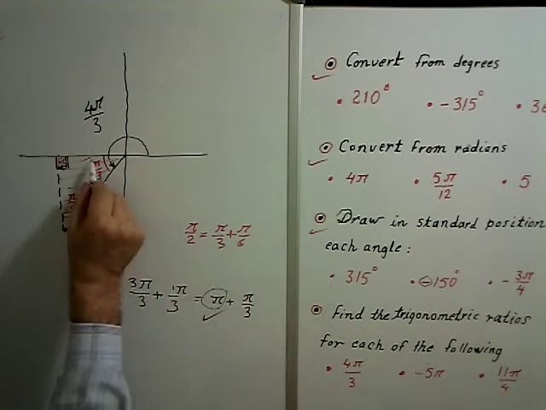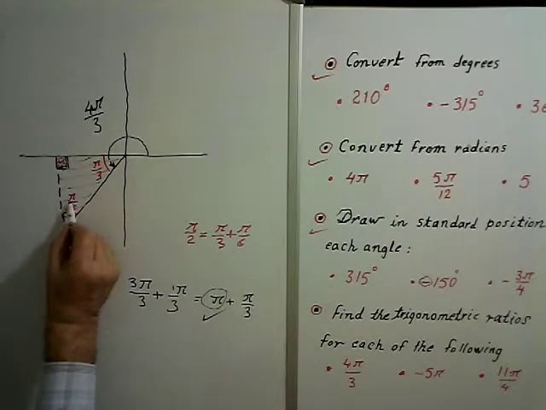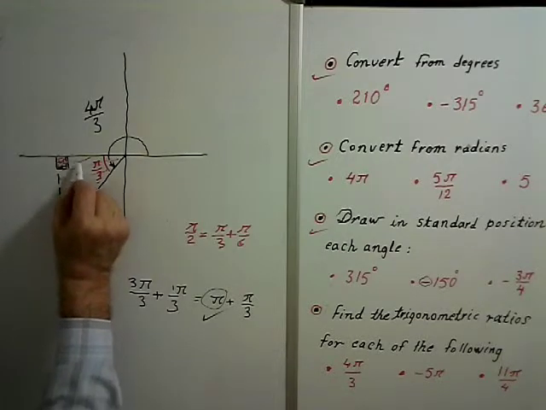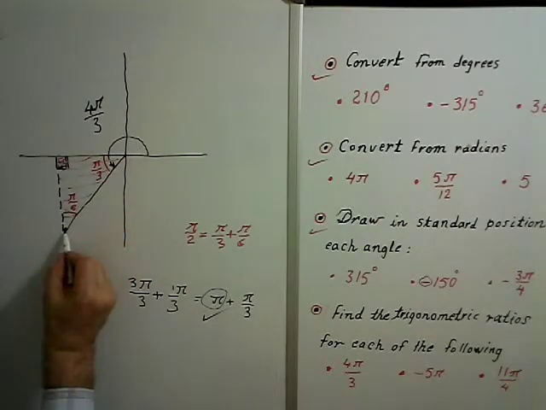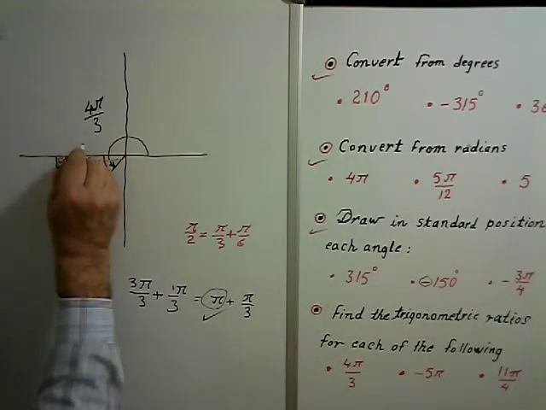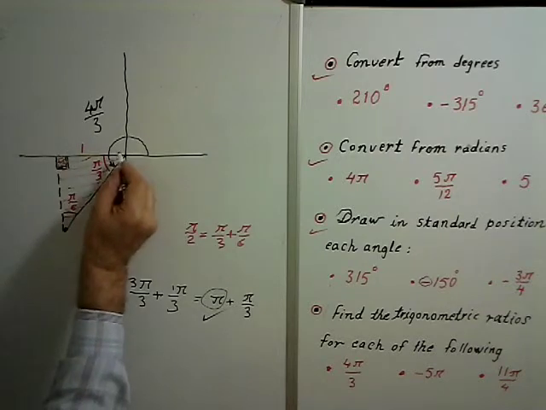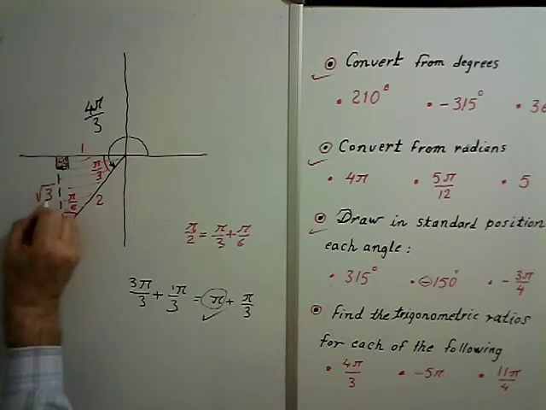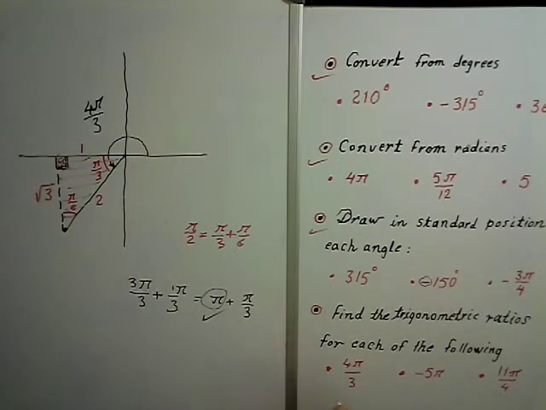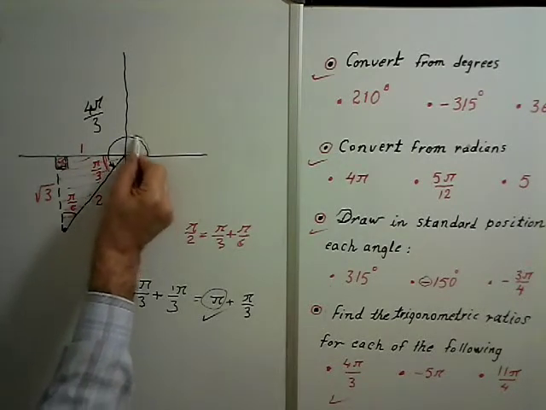So as this is pi over 3, then this will be pi over 6. As we know, for pi over 6, the opposite side will be half of the hypotenuse. So if we consider this is 1, this will be 2. And by Pythagorean theorem, we can find this as square root of 3. So we can write all the ratios for this angle. The ratios for this angle are the same as the ratios for this angle.